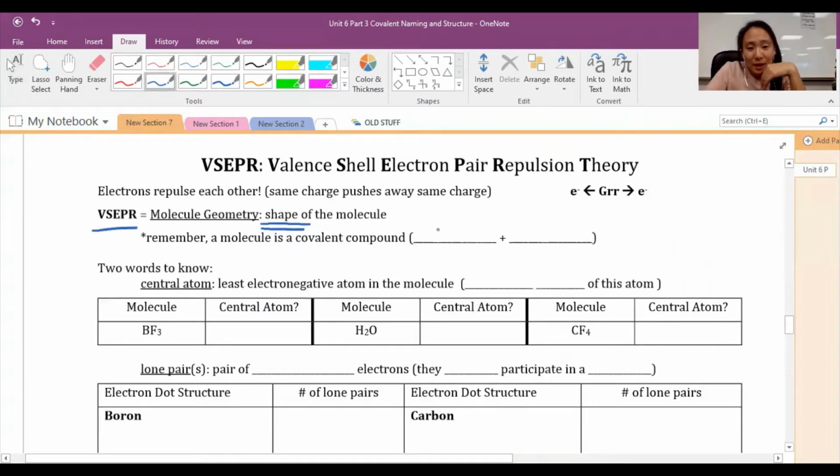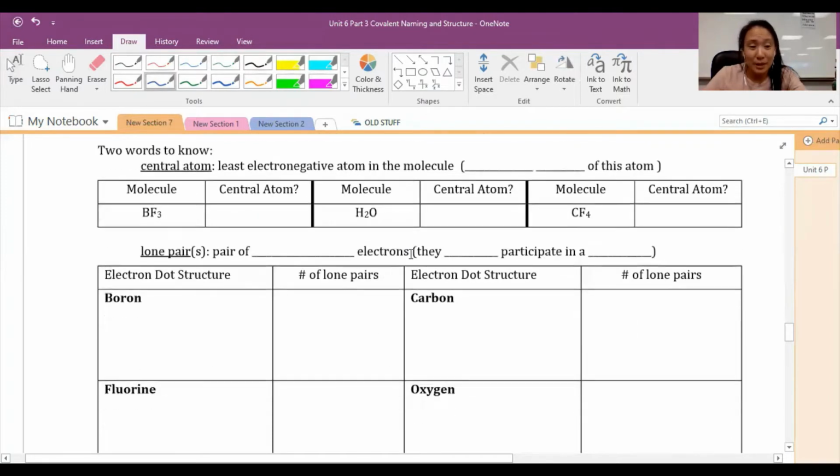So once again, a non-metal and a non-metal is what makes a covalent compound, okay? So there are two vocabulary words we need to know in order to create a shape name. The first one is called the central atom. The central atom is the least electronegative atom in the molecule. To think of it simply, you can think about the fewest number of this atom.